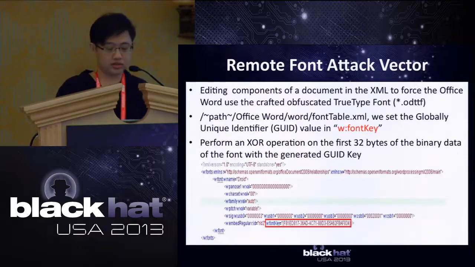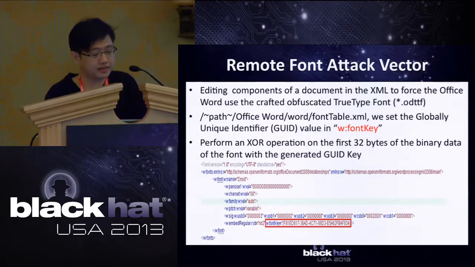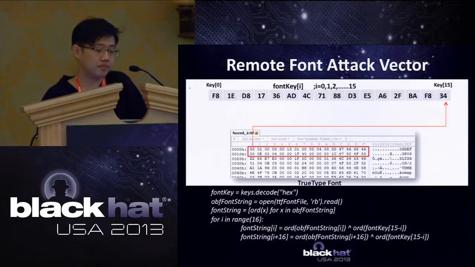To force the docx to use the crafted obfuscated TTF font file, the fontTable.xml file, which is located in the Word folder, has to be edited and the value of w:fontKey set to perform an XOR operation on the first 32 bytes of the TTF font file.